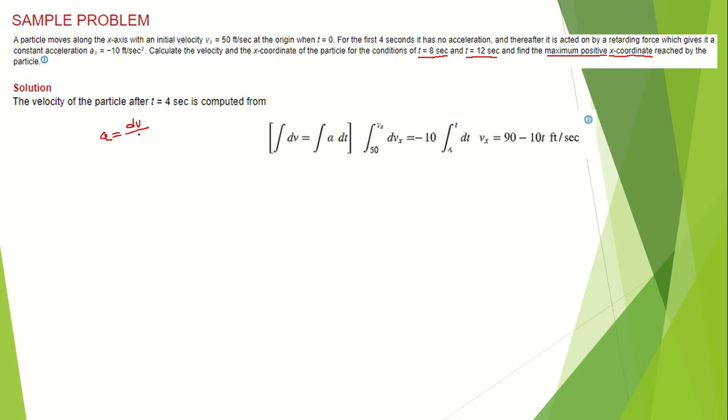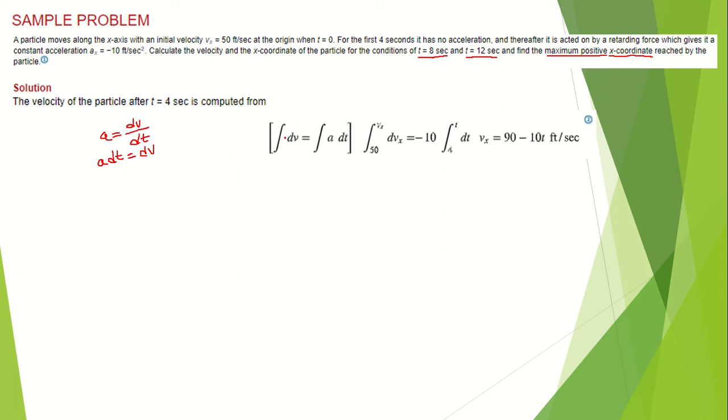So from this relationship, if you cross multiply dt, we have a dt equal to dv. Okay, and then just changing the position: what is on the left, put it on the right, and what is on the right, put it on the left. And then integrating both sides, so we have this.